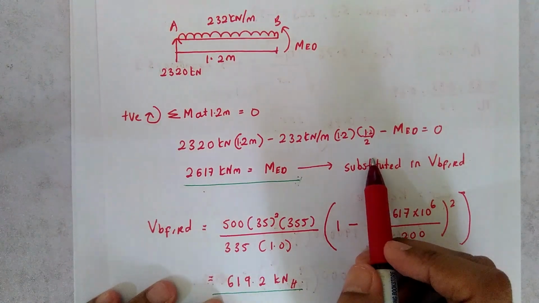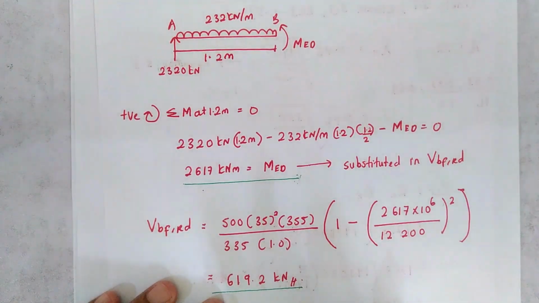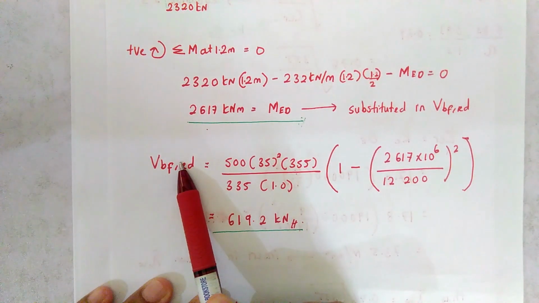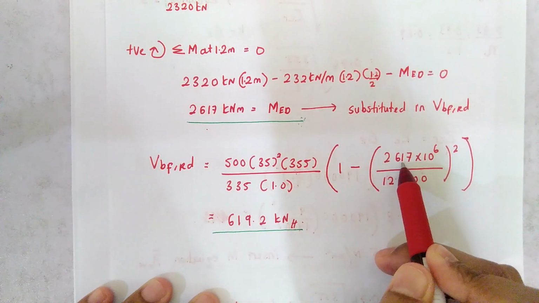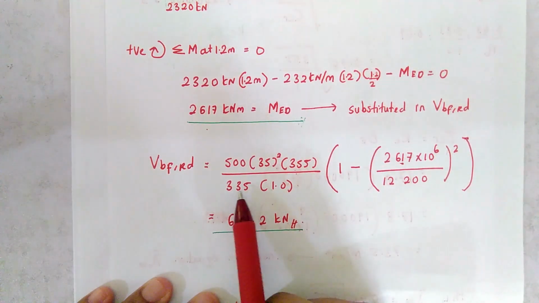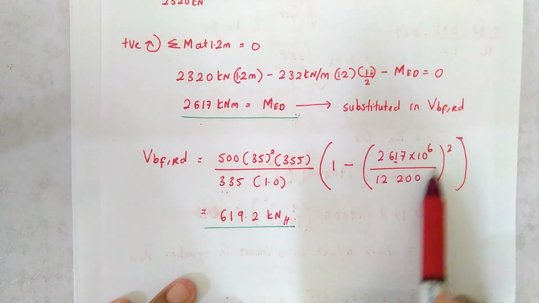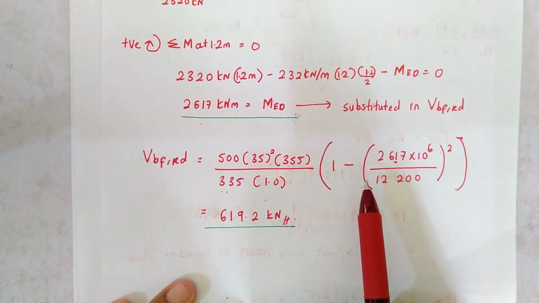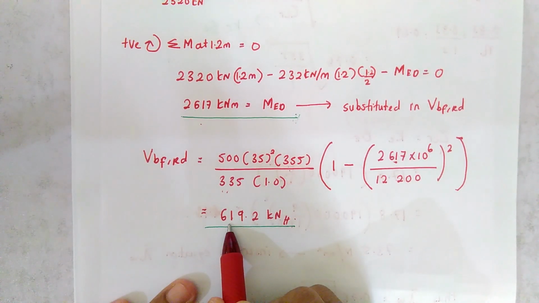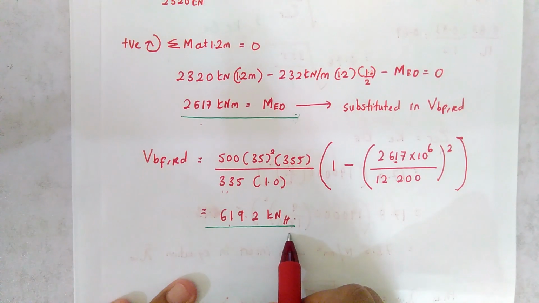And this value, you need to substitute in the equation VBFRD. You substitute in the equation VBFRD, and the C value you already got, and you insert it already. Then you calculate the whole equation. Finally, you get 619.2 kilonewtons.